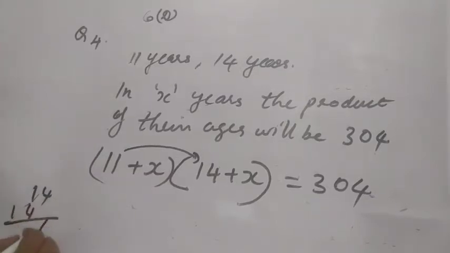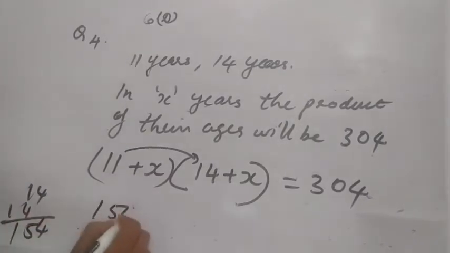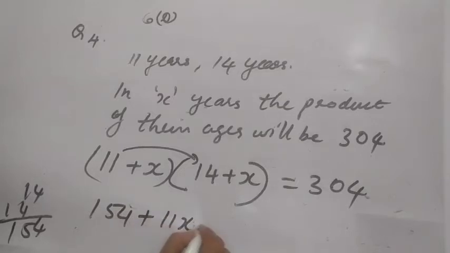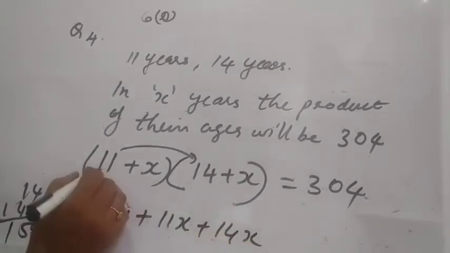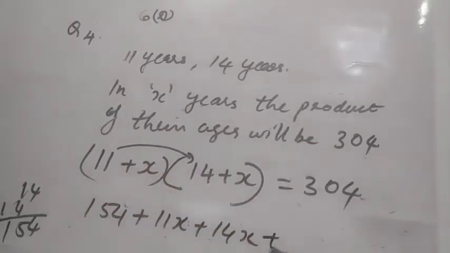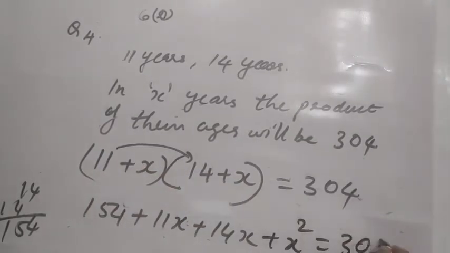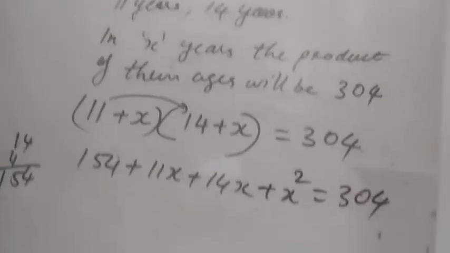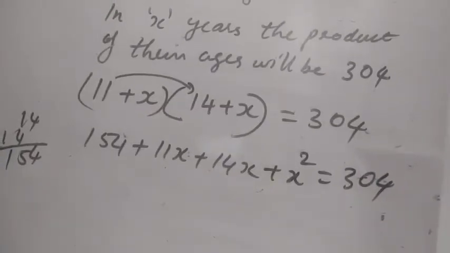First, 11 into 14 is 154, plus 11 into x is 11x, plus 14 into x is 14x, and x into x is x square, equal to 304. First we have to multiply each term.